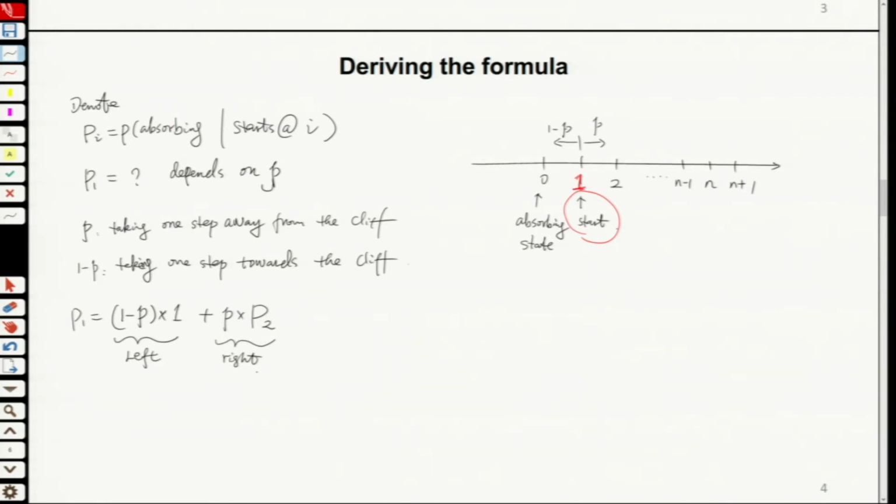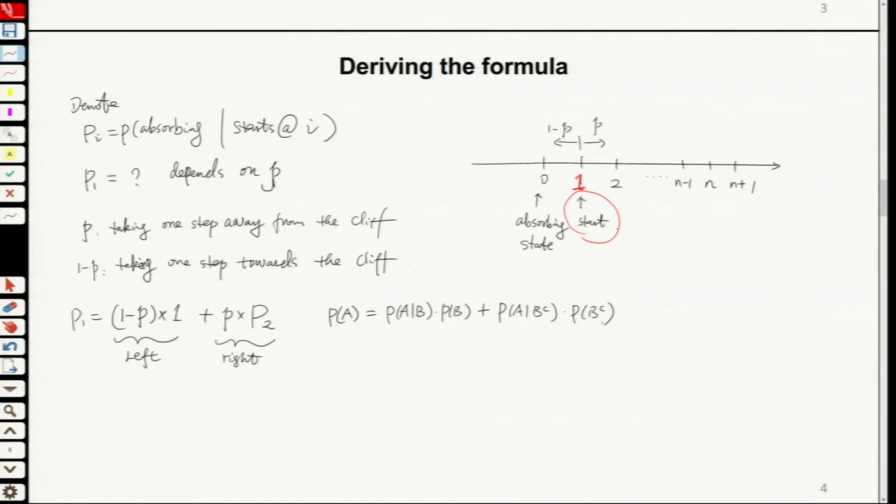So why do we have this? This is because the probability of A is equal to the probability of A given B times the probability of B, plus the probability of A given B complement times the probability of B complement. So we only have 2 possibilities at 1.